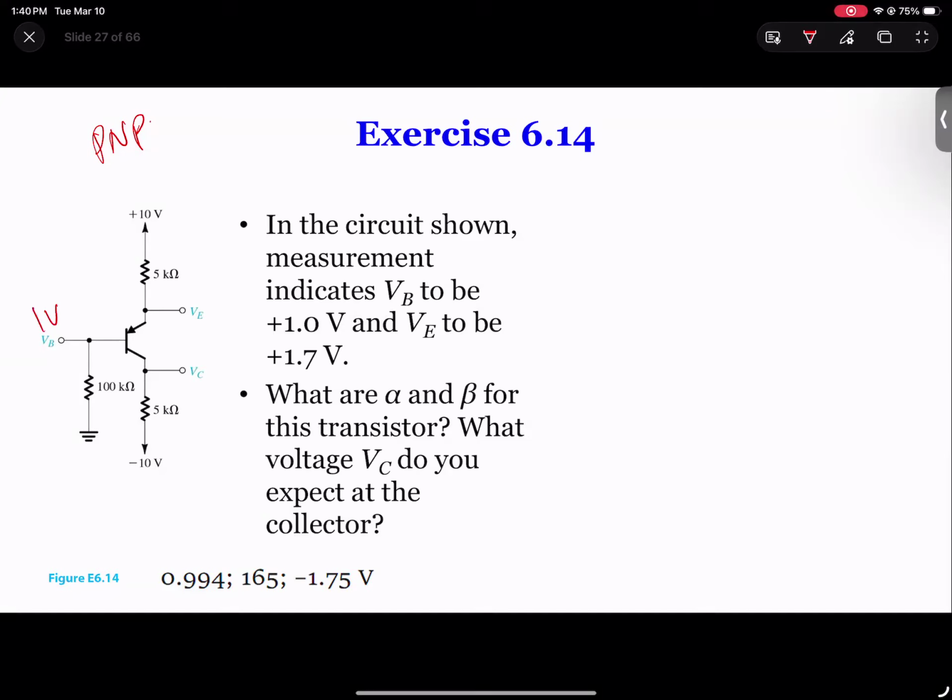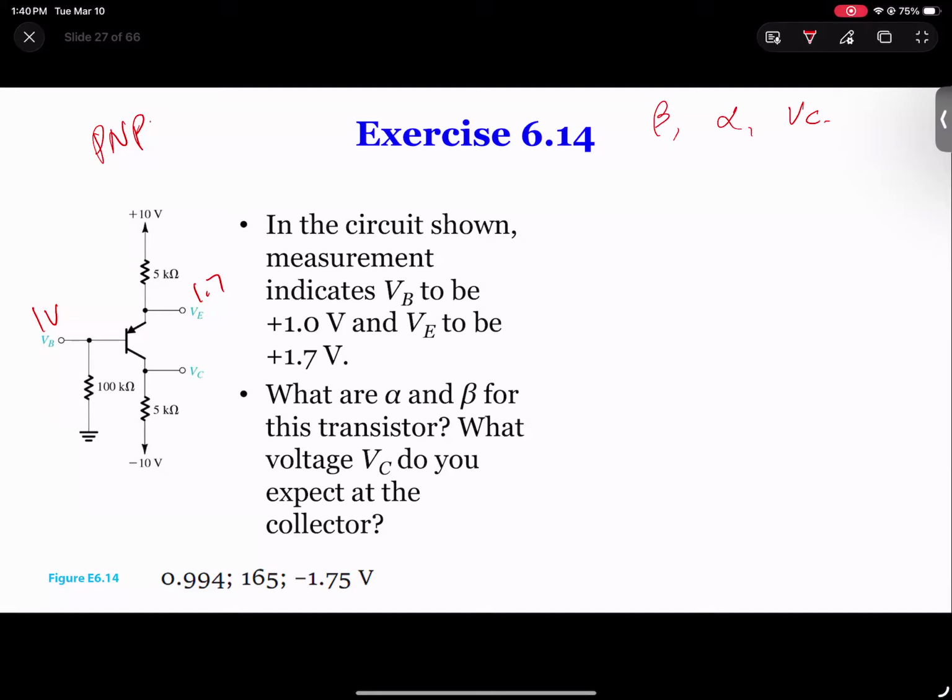So VB is 1 volt. That is a given number. And VE is 1.7. So it's quite good. Some numbers given. And they want you to find beta, alpha and VC.